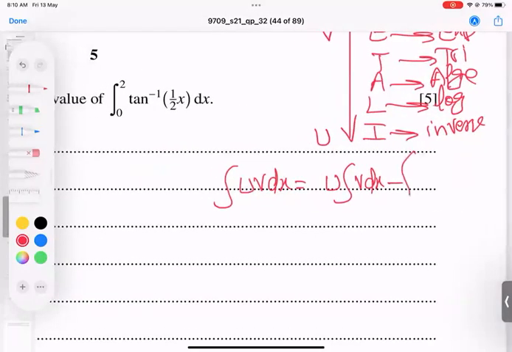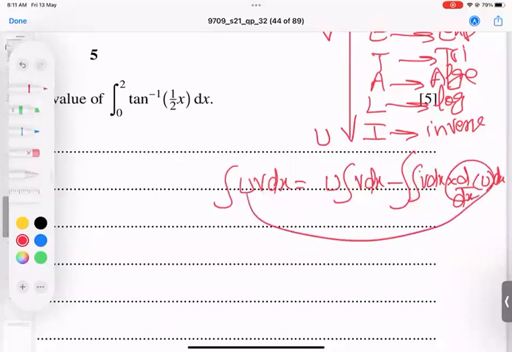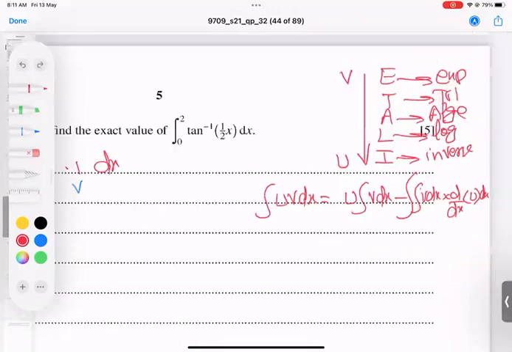Here one big sign will come, and again integration of v times the derivative of u, and dx must be written. So this is the process, this is the formula. So u copy v integration, then again a big integral sign will come, and then again v integration, and then u differentiation, and then dx, because this dx is for the bigger sign. So I hope so far the idea is clear.